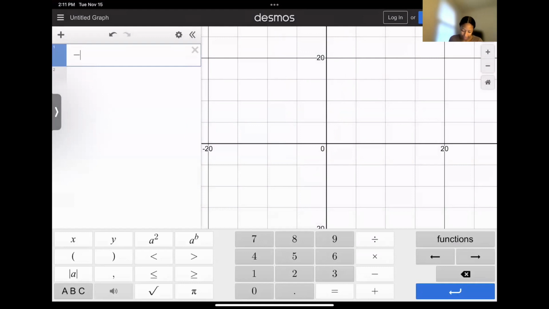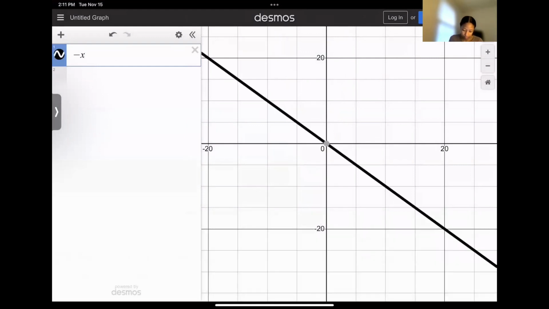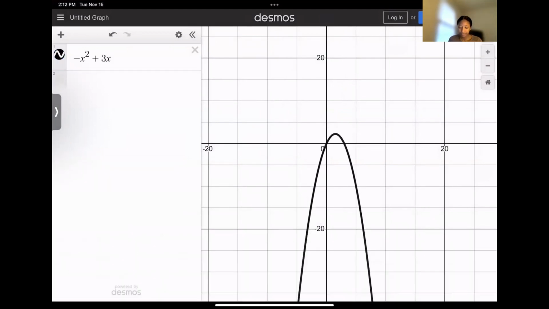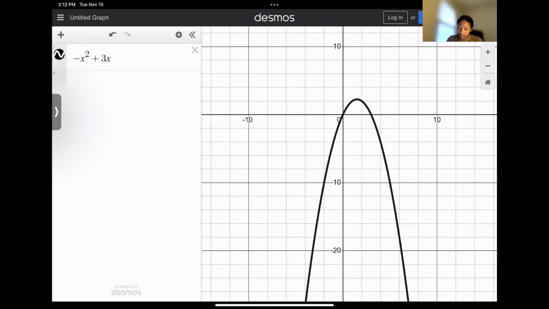It was negative x squared plus 3x. Ta-da! All right. When we look at this function, we see that, yes, it is a downward opening parabola. Yes, it does have a y-intercept at 0, 0. And then also, no, the y-axis does not divide this parabola in half.